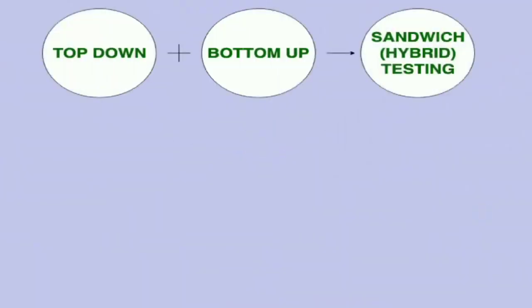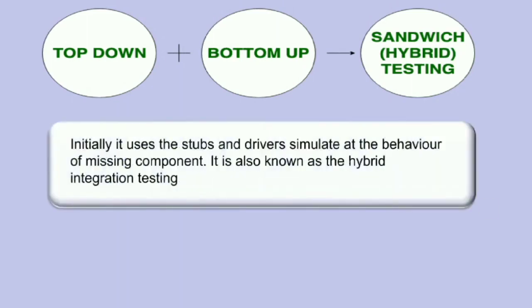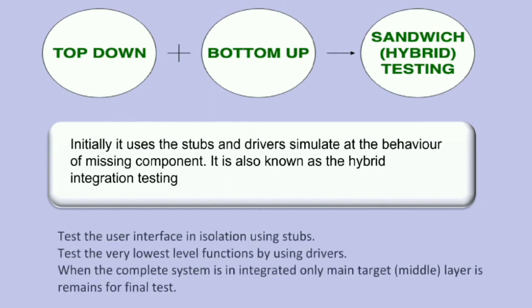Sandwich integration. Sandwich integration uses a top-down strategy for upper levels of the program structure coupled with a bottom-up strategy for subordinate levels. Initially, it uses stubs and drivers to simulate the behavior of missing components. It is also known as hybrid integration testing.